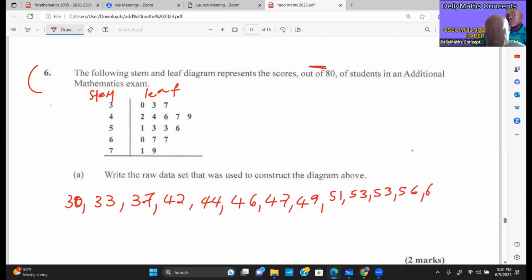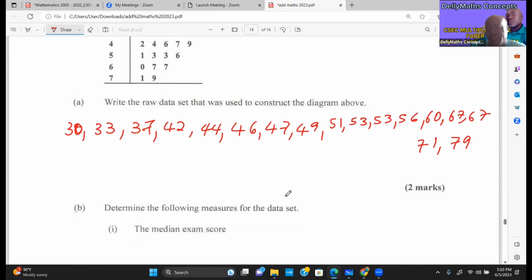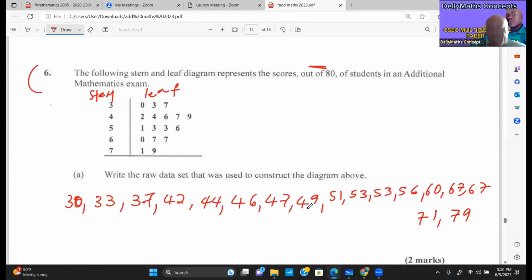There was also a 60, 67 2 times. And the last two, we had a 71 and a 79. All right, so there it is. So that's the raw data set. Understanding how the stem and the leaf operate.